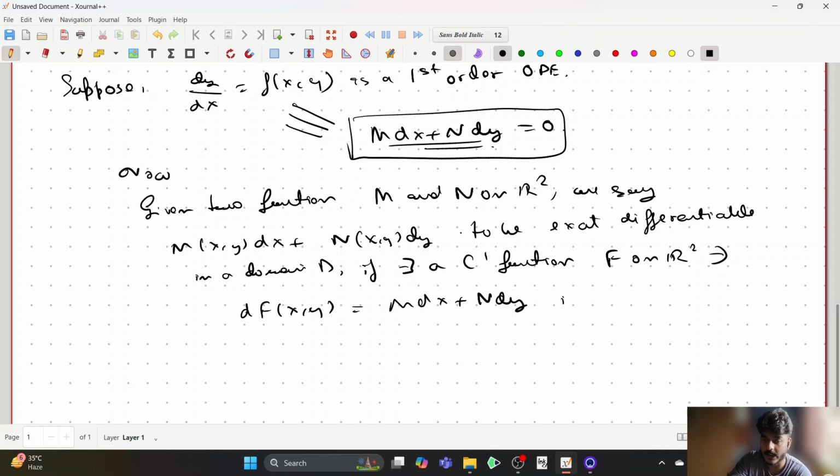Clear? That is, its partial derivative with respect to x is M and its partial derivative with respect to y is N.